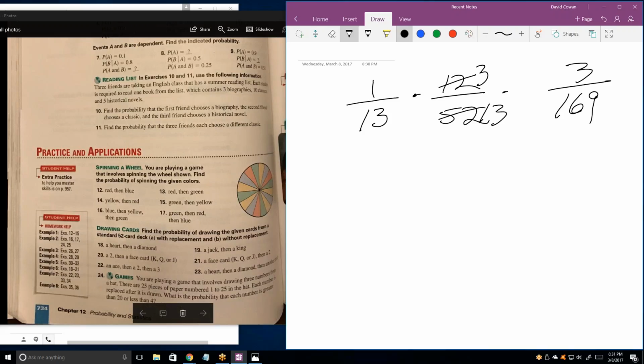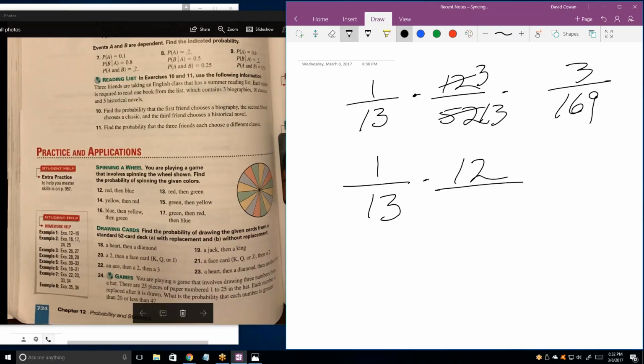And that's not divisible by 3 because the digits add up to 16. Now, without replacement, it doesn't change the odds of getting the deuce, but now I've got a deuce out of the deck. I still have 12 paints. Face cards are called paints.